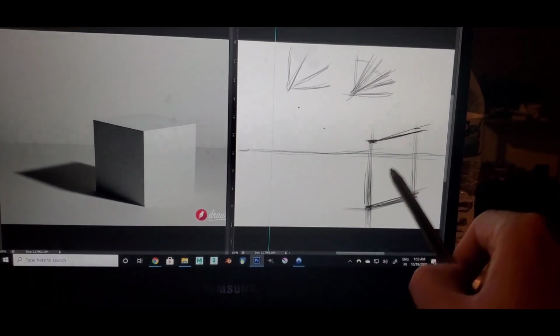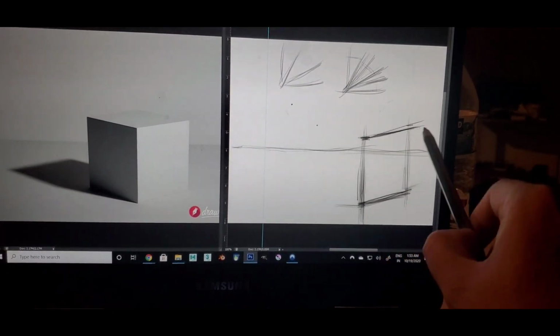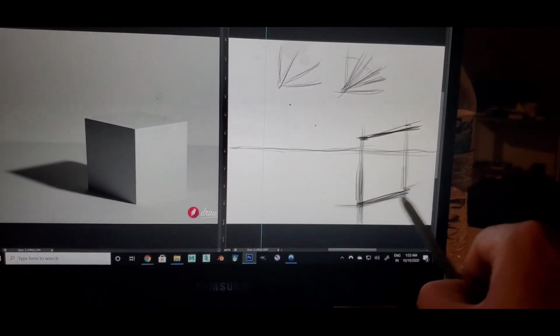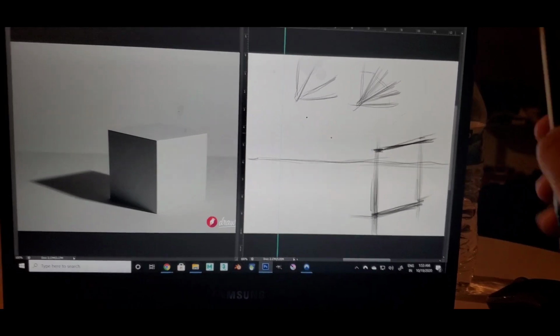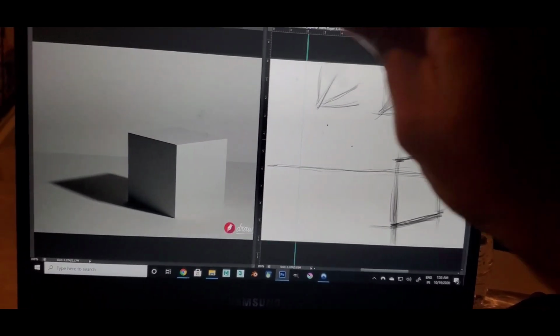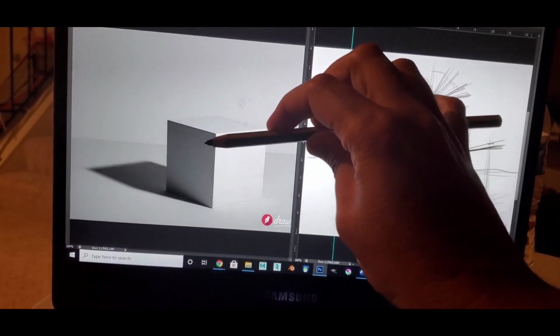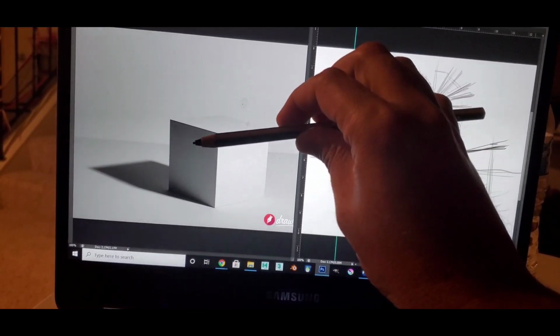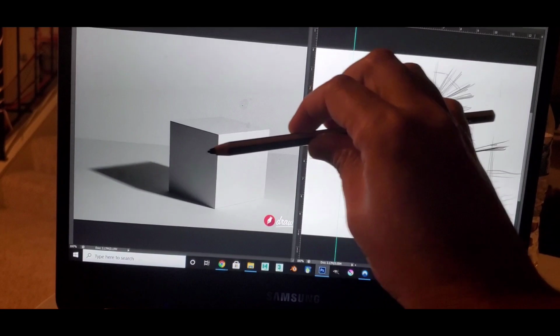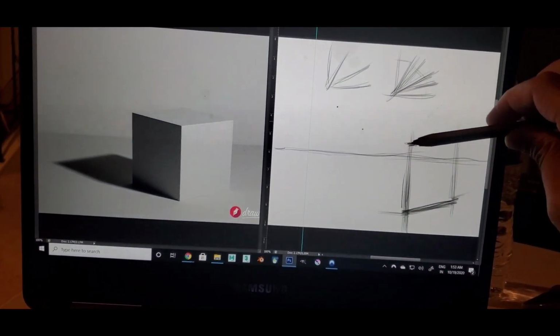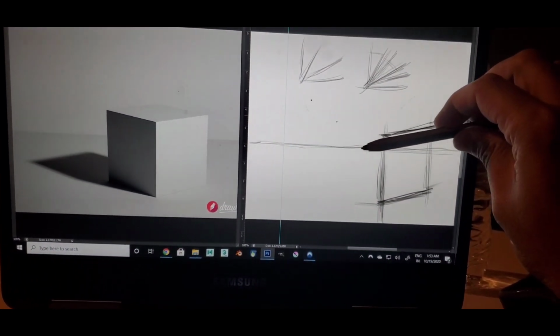Okay, because this line has to go meet the vanishing point. Now I will cross check my angle again. See this? See now this angle, and I will try and see this angle.